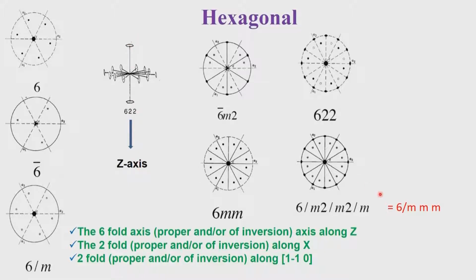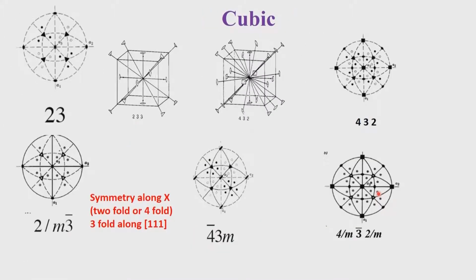So, having seen this system, we now go to the system which is the most simple system, but most complicated to understand, and that happens to be the cubic system. The reason why it becomes a little more complicated to understand is that the association of the rotation axis is not in principle with an origin and then the x direction, y direction, z direction.